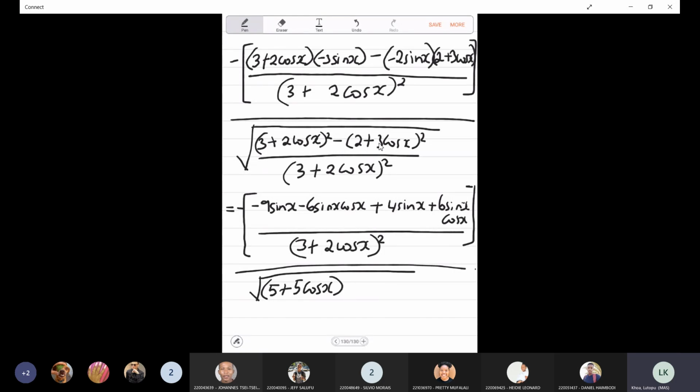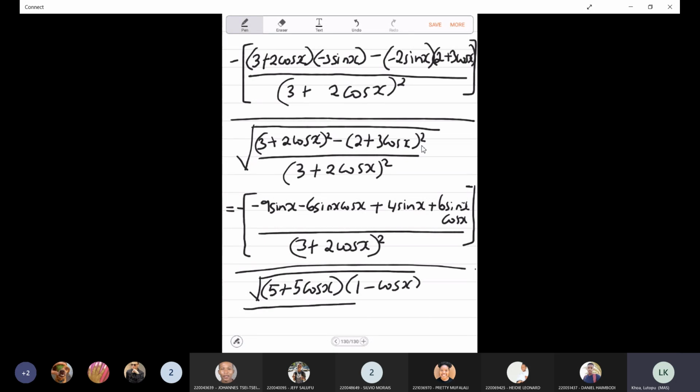So it's the first bracket plus the second bracket multiplied by the first bracket minus the second bracket. Then in the second bracket, I have 3 minus 2, which is 1, and then 2 cos x minus 3 cos x, which is minus cos x.